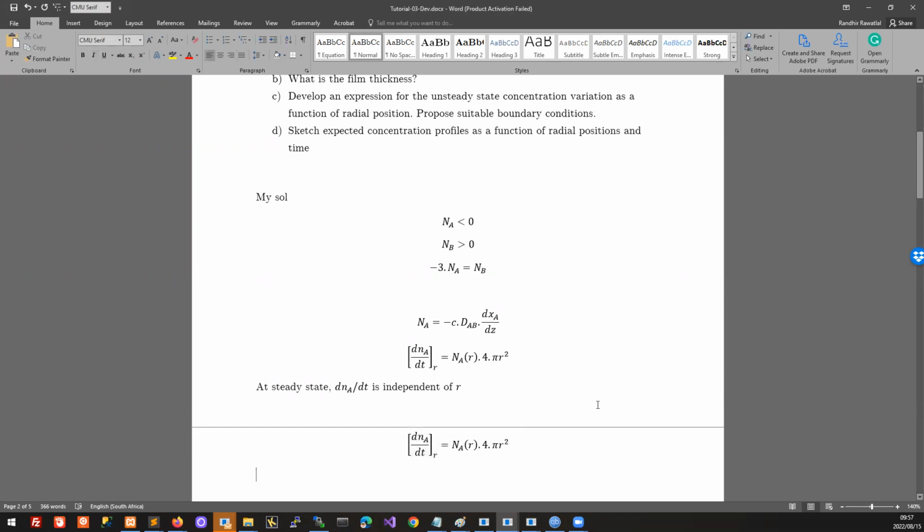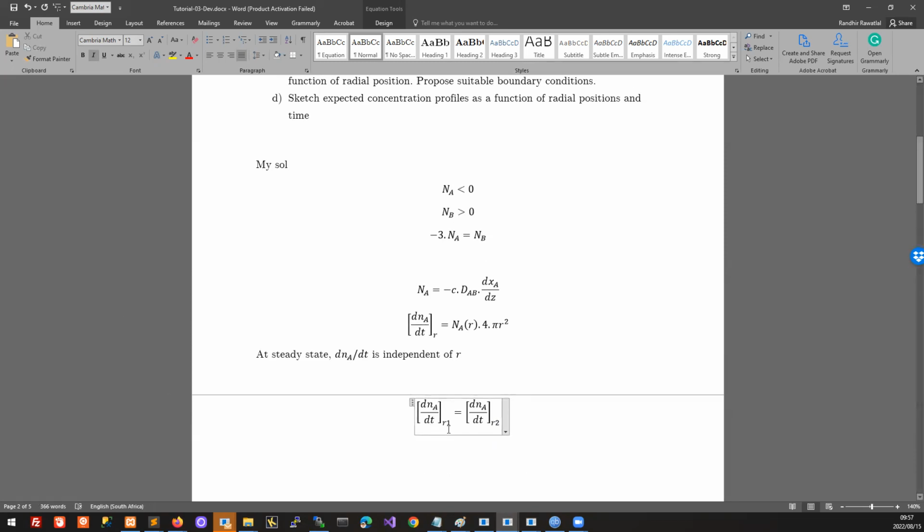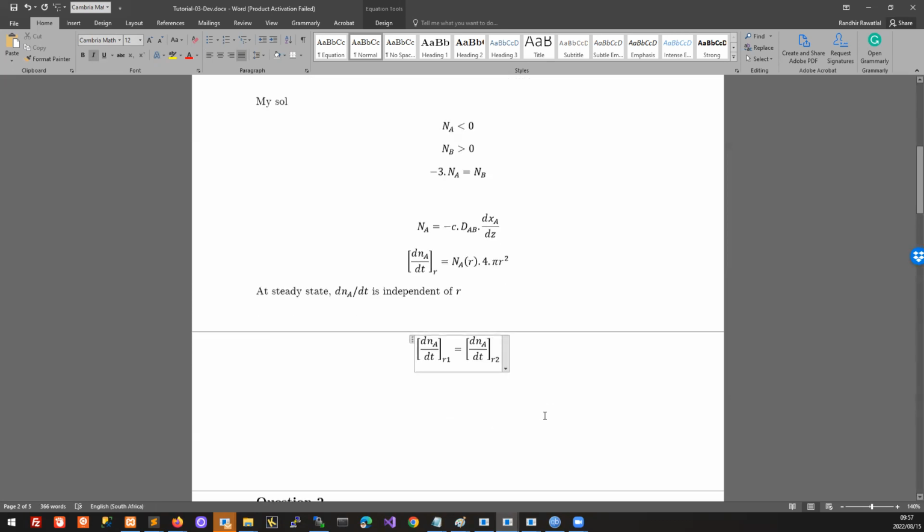Let's say at R1, dNA/dt at position R1 equals dNA/dt at position R2, where R1 and R2 are any radial positions outside of the particle.